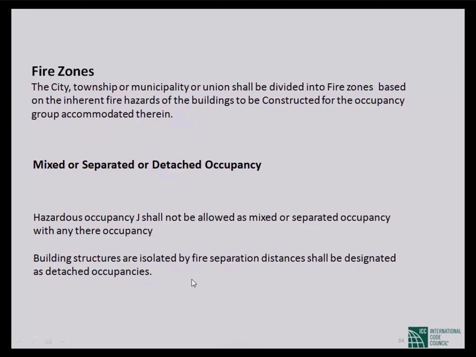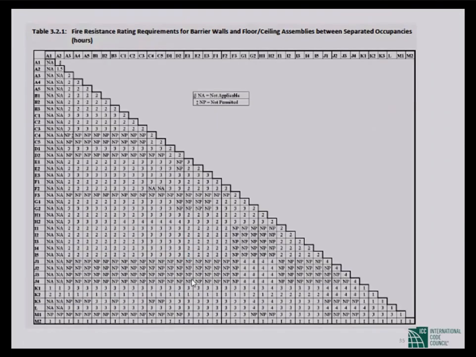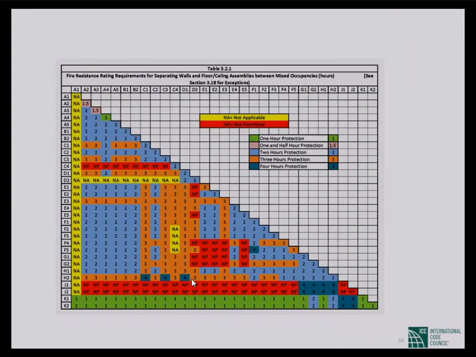Now I would like to show another table. There is a table in BNBC, but it is very difficult to see from your side. So I gave it some color so you can see it easily. It is not as in BNBC; it is taken from BNBC and colored differently. You can see the red color, which is not permitted. If you want to meet this building C4 or D2, almost no building can come side by side.